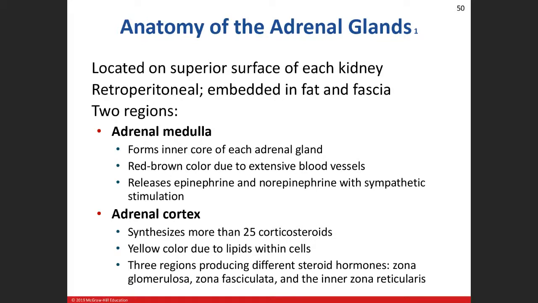So these tissues and organs will sit in fat. And what's one of the purposes or functions of fat? Insulation, cushioning.